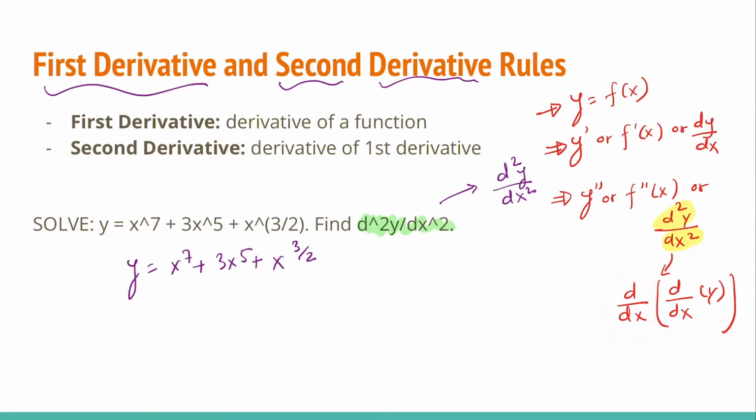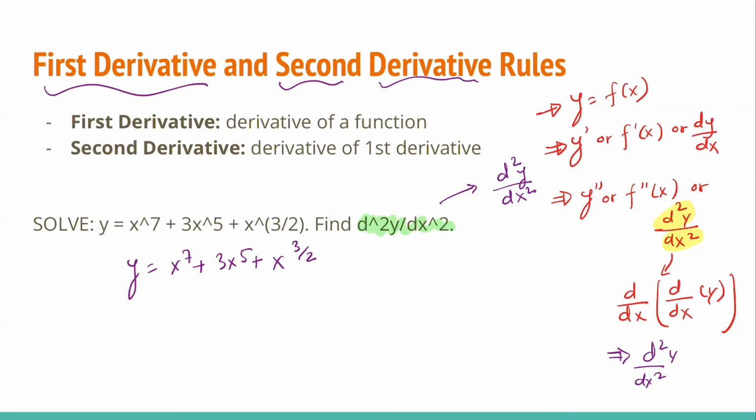If I put them all together, it will be d squared y over dx squared. So this is how we write the notation for the second derivative. Anytime we see this expression in a problem, or even in a solution, it means second derivative. Okay, that's a quick recall.